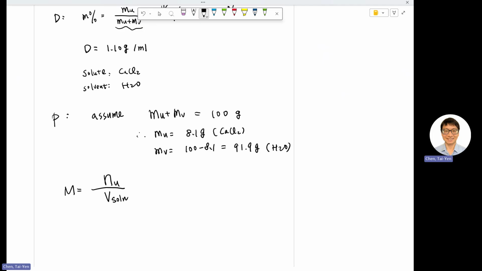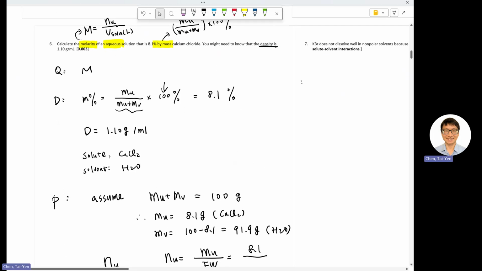The mole of your solute is easy to calculate, right? Because the mole of your solute can be defined as the mass of your solute divided by the formula weight. The mass of your solute is 8.1 gram. And then the formula weight of calcium chloride, if you check out the periodic table, you should be able to calculate, is 110.98 gram per mole.